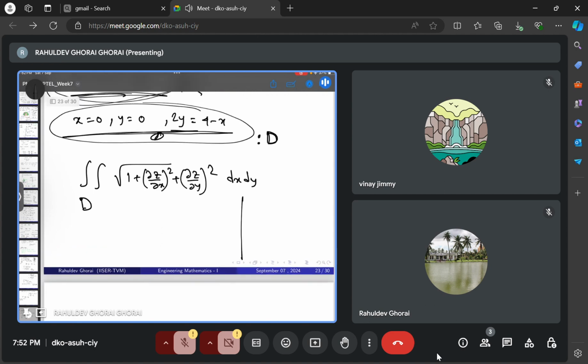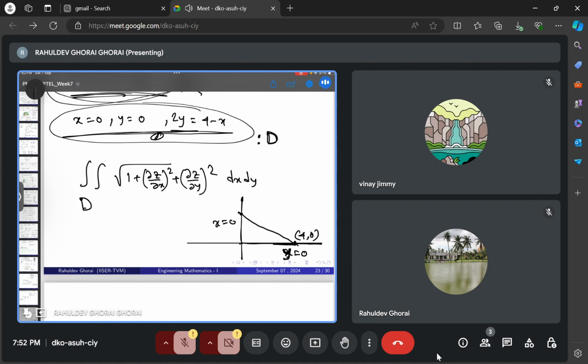So how to understand what the domain will be? This is the x equal to 0 line, this is the y equal to 0 line, and x plus 2y equal to 4 means x will be 4, 0, let's say this is 4, 0, and y will be 0, 2.